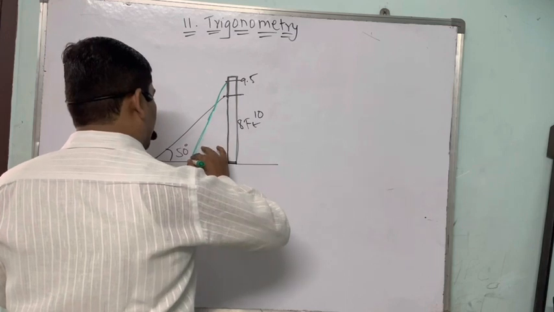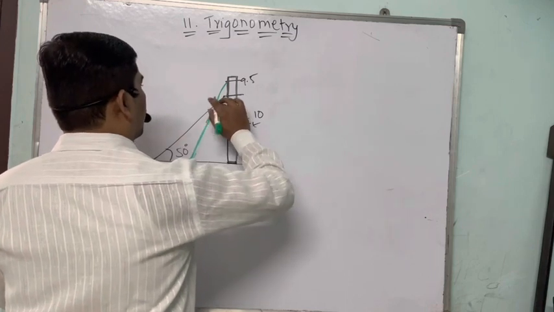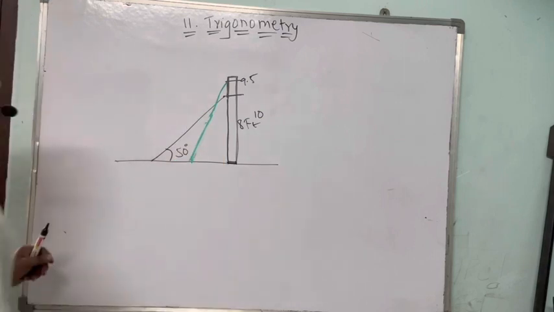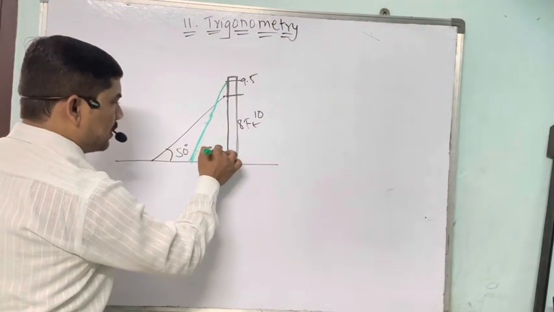You have to keep the ladder in this form to reach this point. Clear? Now this angle could be like 70 degrees.